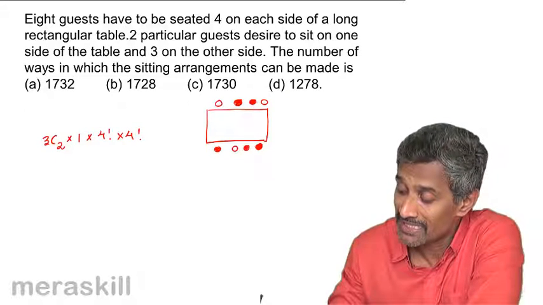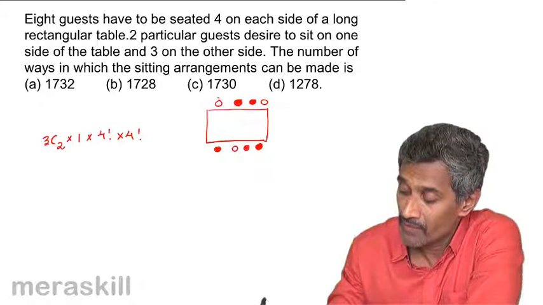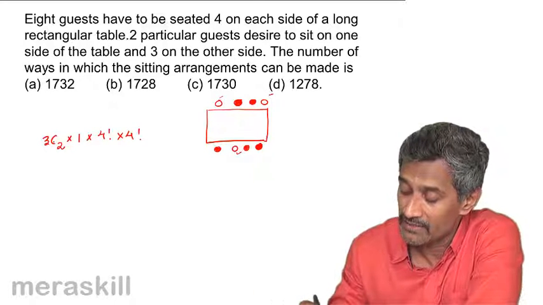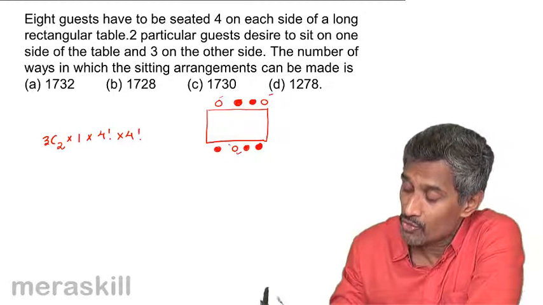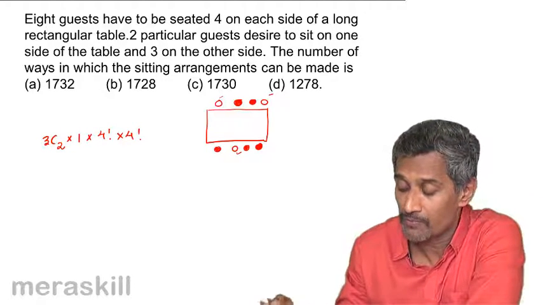So it's going to be 3C2, that is, these guests are selected in 3C2 ways, and after selecting, you get 4, 4, and they are all arranged in 4 factorial.